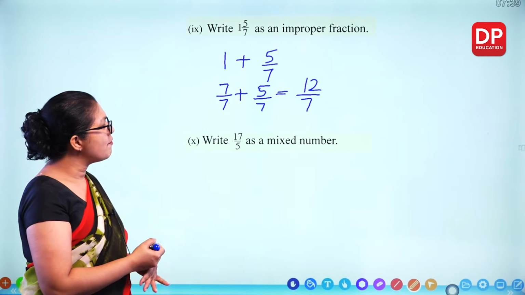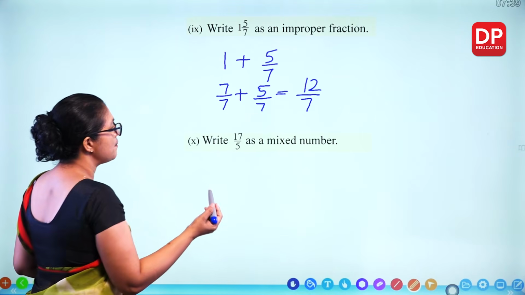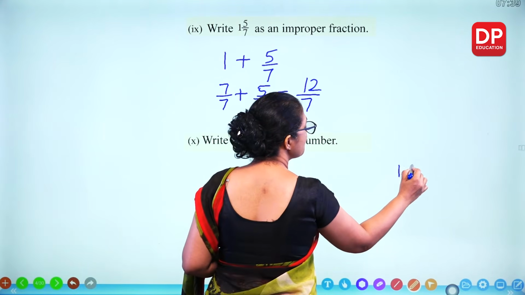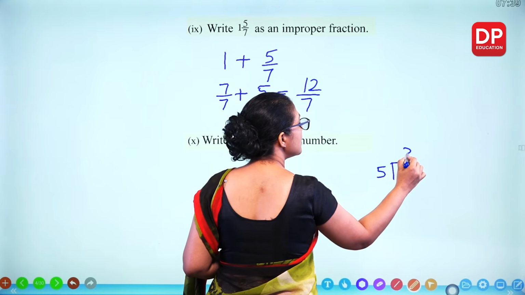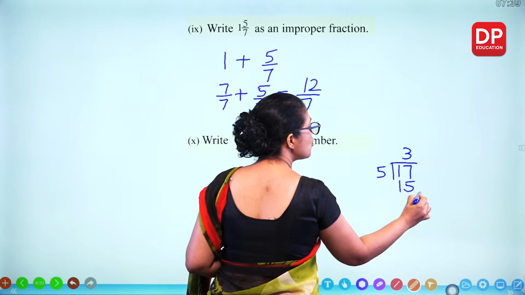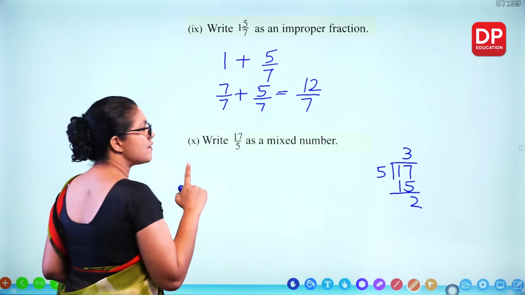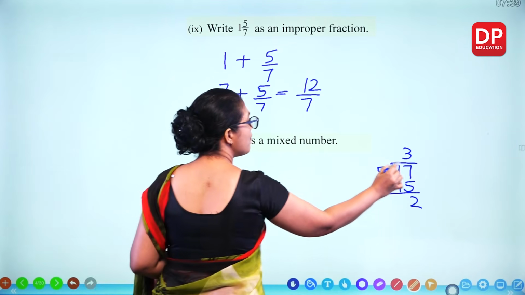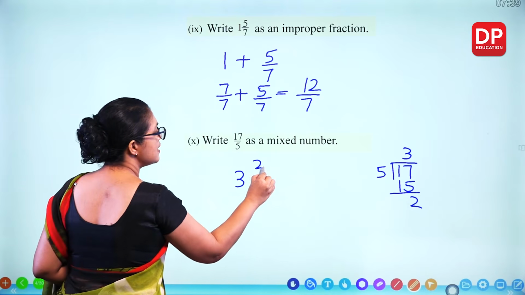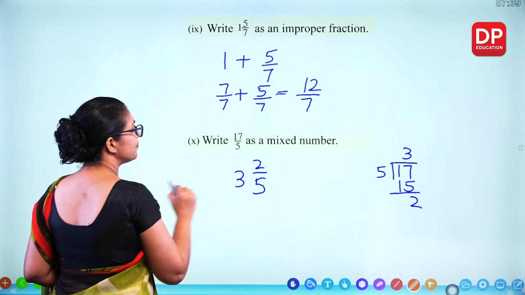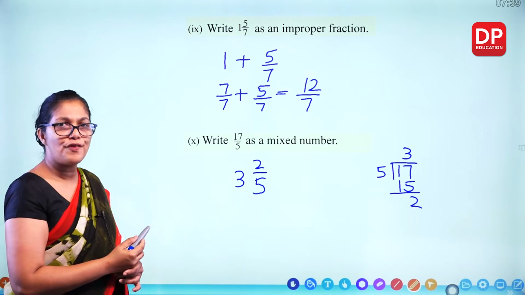Write 17/5 as a mixed number. That means you do long division. 17 divided by 5. 5 times 3, 15 and 2 remaining. So how can we write that? Whole number first. 3 and 2 is the remainder out of 5. So 3 and 2/5.